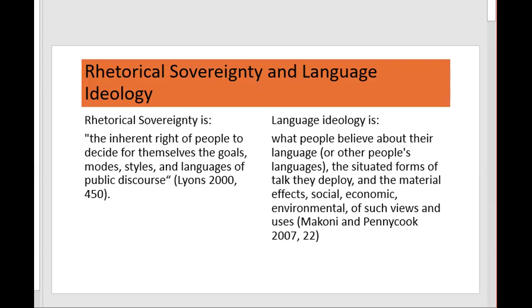The reason I work with this is that within the idea of rhetorical sovereignty, there's a tacit assumption of the people who are deciding for themselves the goals, the modes, the styles, the languages. But one of the things about constitutive rhetoric, and even language ideology or social linguistic aspects of language, is that it isn't just communicative, it isn't just encoding.